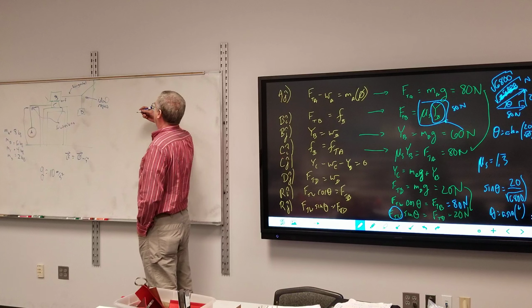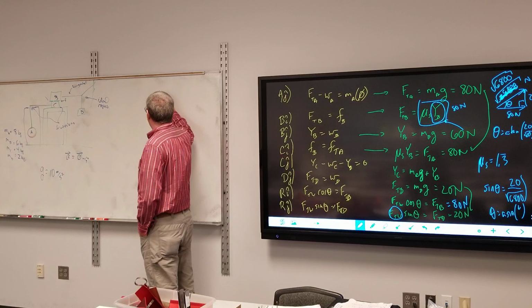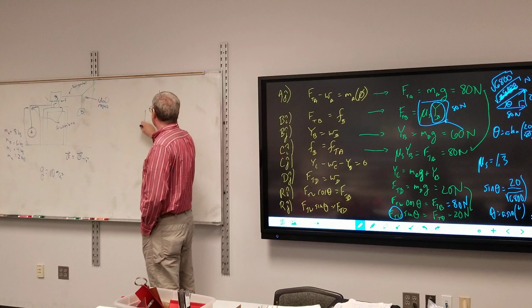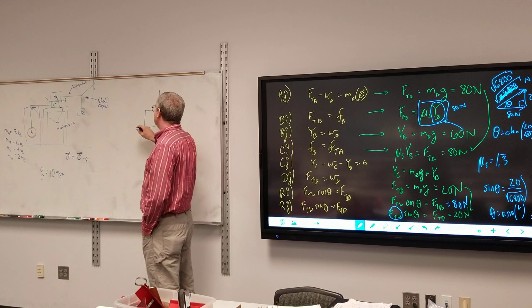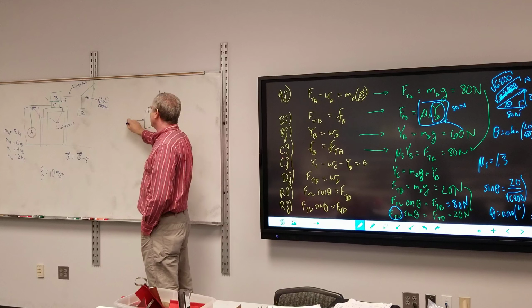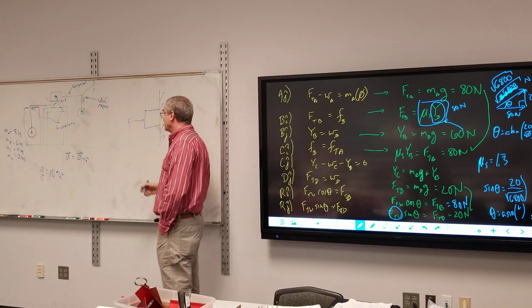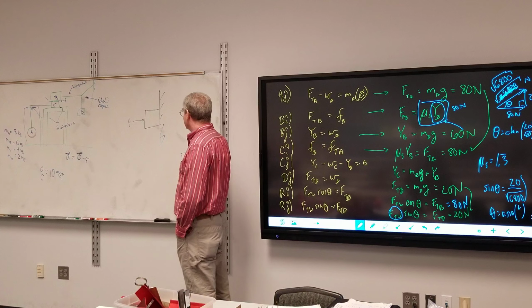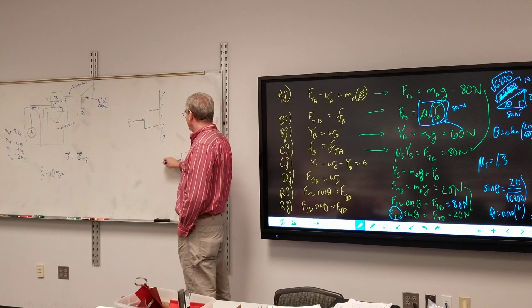All right, so wall, block. As always, force diagram. Force is right there.